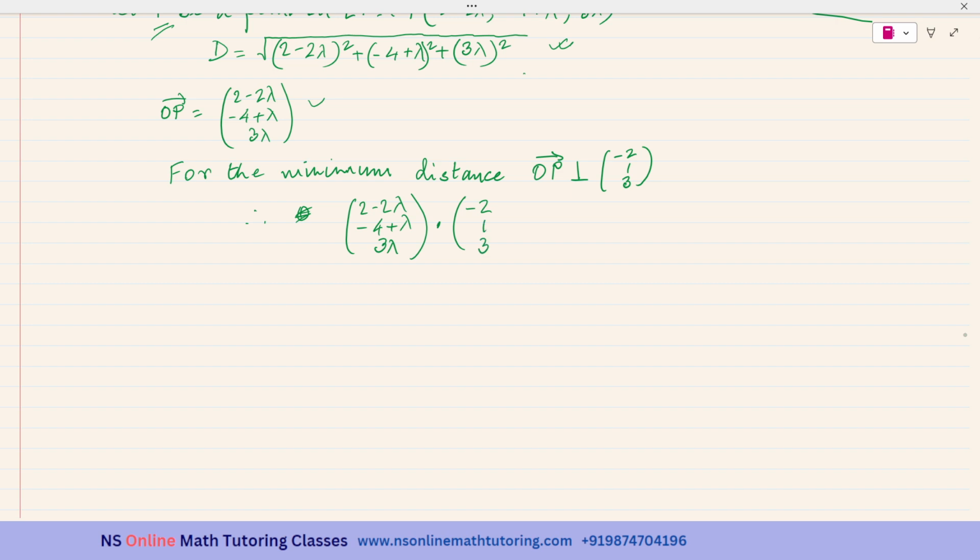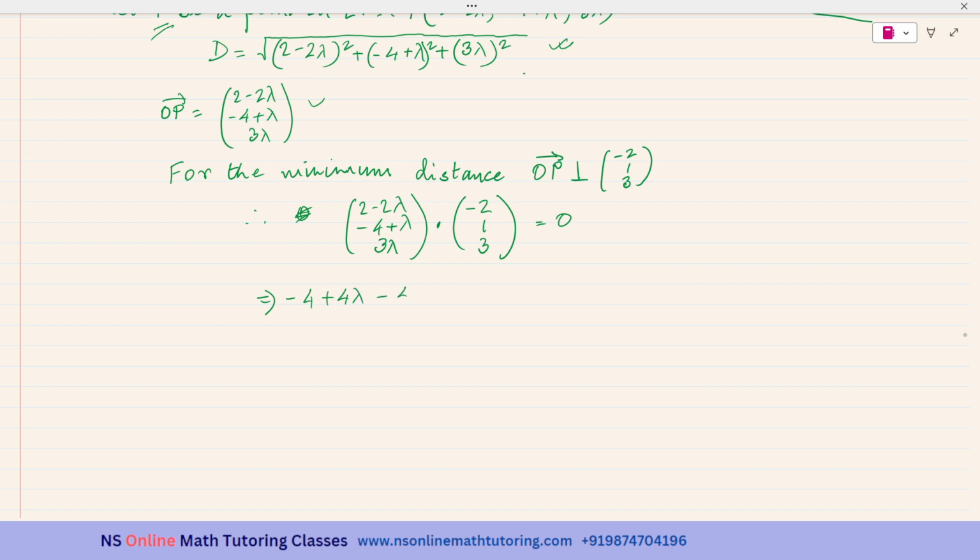Negative 2, 1 and 3 should be equal to 0. So for this method, we have to first of all find the lambda value and then we have to find the minimum distance. Okay. So this is minus 2 times 2 is minus 4 and minus 2 times minus 2 lambda plus 4 lambda.